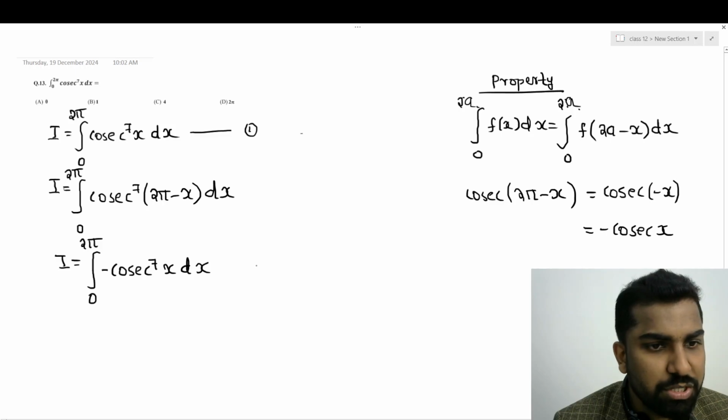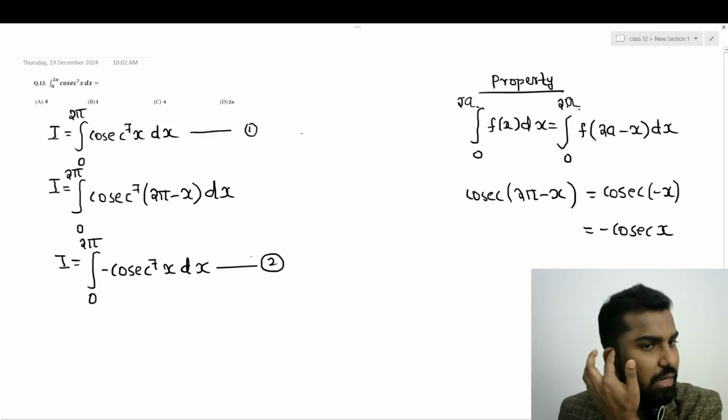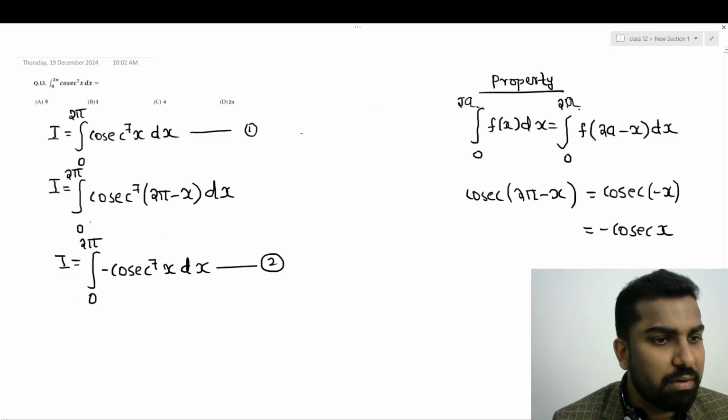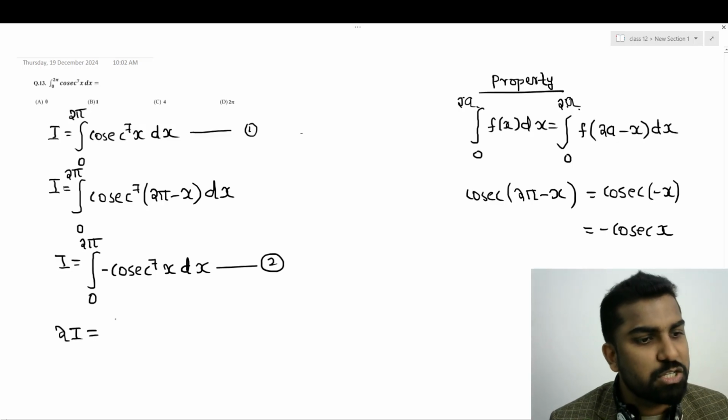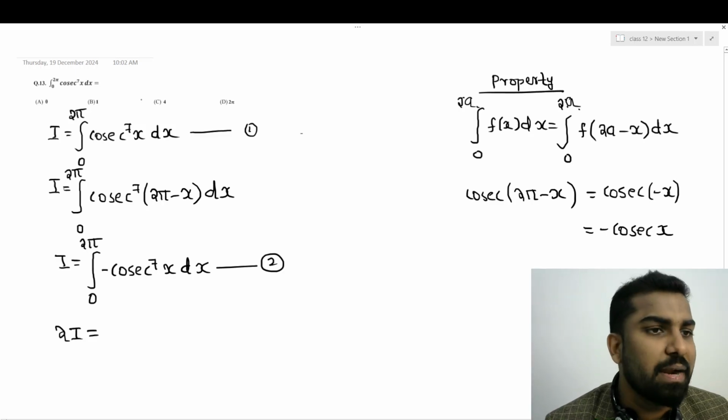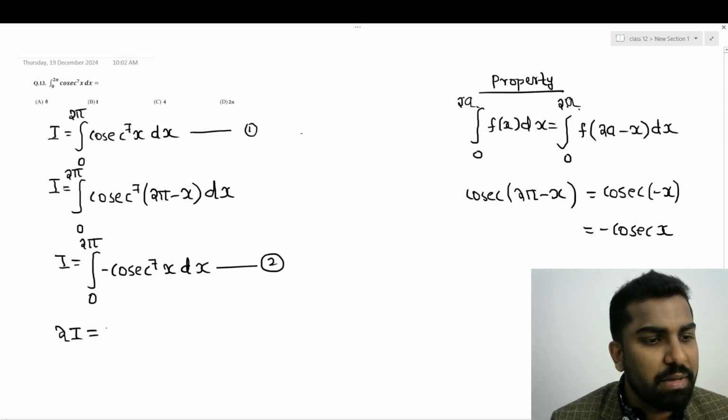This I can put as equation number 2. Alright. Now if I am adding equation number 1 and equation 2, what you will get? LHS is I plus I, that is 2I, and RHS is integral of 0 to 2 pi cosec to the power 7x dx added with integral of 0 to 2 pi minus cosec to the power 7x, that will be equal to 0.